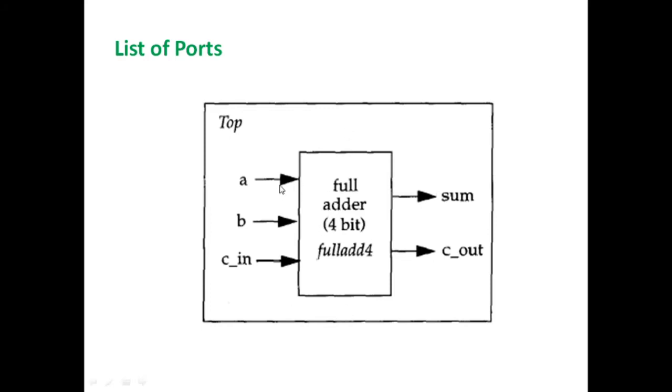The input ports are A, B and C in, and this full adder module produces output on output ports, those are sum and C out. That means the module full adder performs an addition for its environment. What is its environment? Top is its environment.